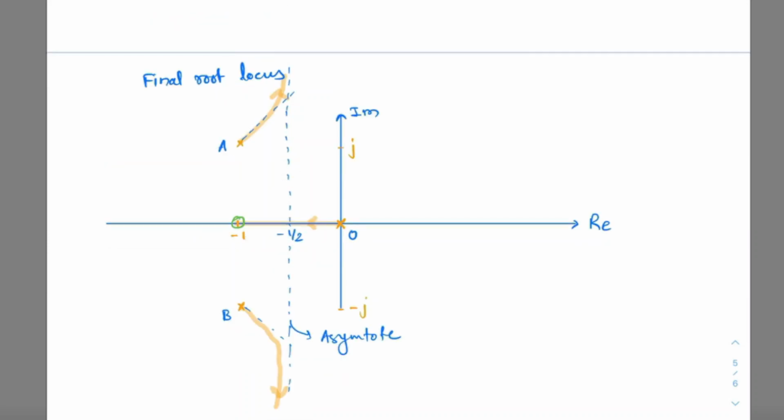So how many branches do we have? We have a total of 3 branches. One which goes from 0 to -1 on the real axis, and 2 of them starting from the complex poles A and B, and they will go to -infinity and +infinity with the real value of -1/2.